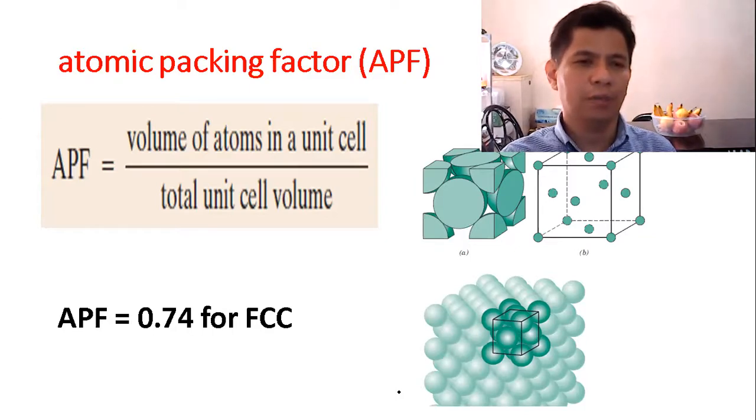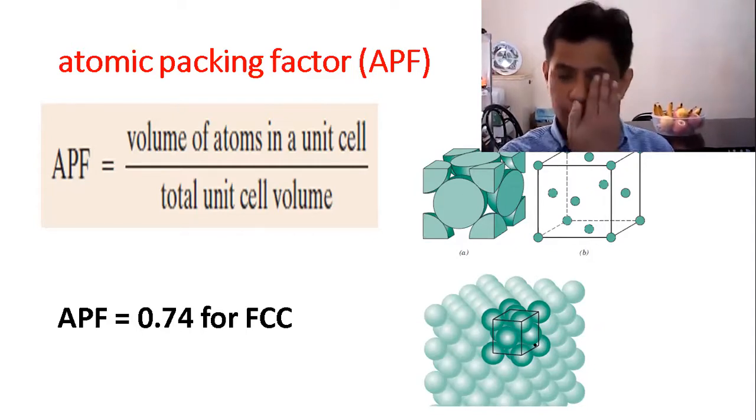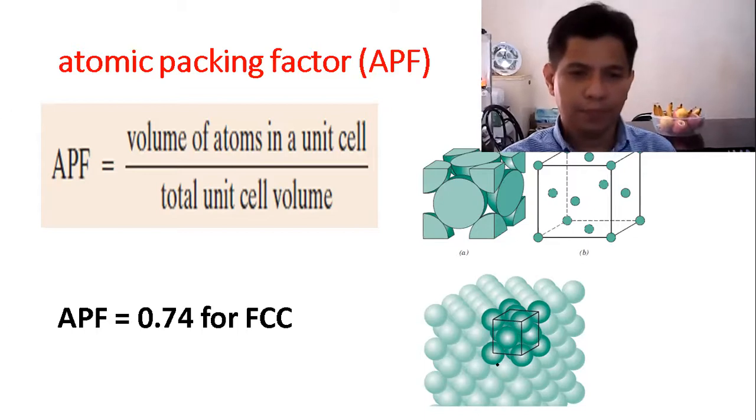For example, in FCC, how many atoms do we have in a unit cell? So if we're going to consider this drawing right here, you will have 1 atom, then another 1 on the bottom, tapos on this side, you will have 3, yung dito sa face na to, tapos yung sa kabila, so 3.